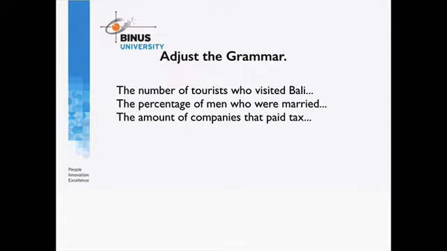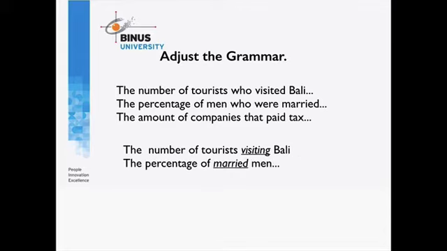And what you can do is you can use the ing form. So you can write here the number of tourists visiting Bali, the percentage of married men, and the number of companies paying tax. So with changing the grammar, it's really only possible when you have this kind of structure with who, and then you can change it into the ing forms there, as I've shown you in the examples.